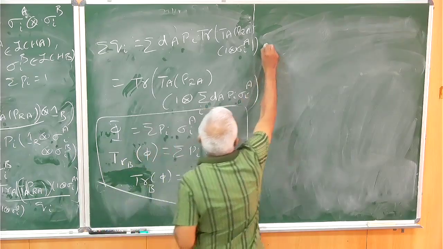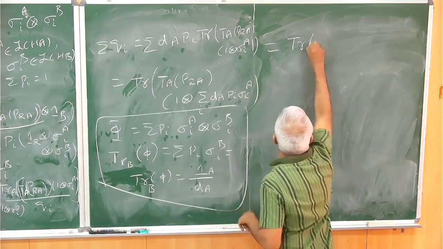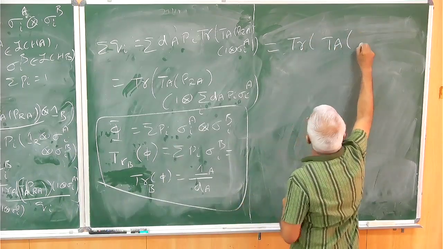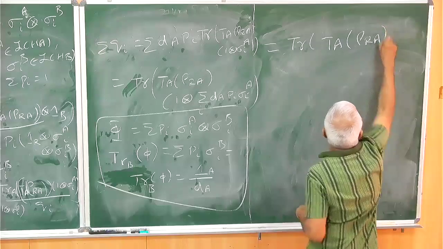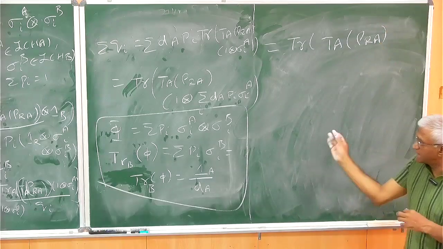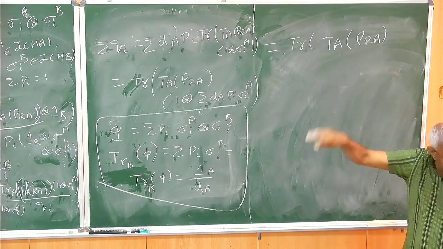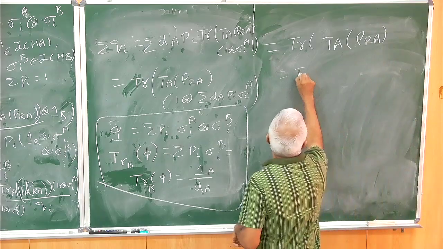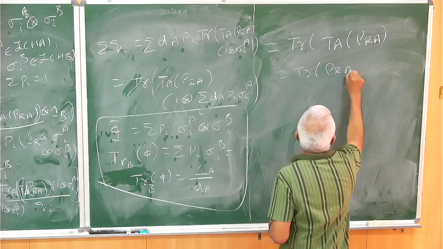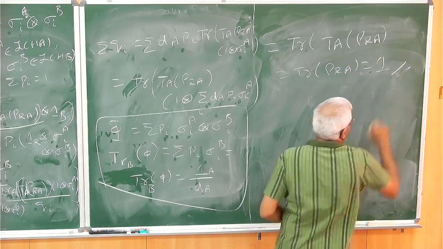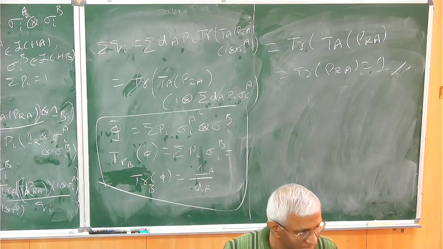So this whole thing is equal to trace of TA of rho RA. That's all. Identity tensor identity there. Of course, the trace of the transpose is the same as this, which is equal to trace of rho RA, which is equal to 1. That's what we wanted to prove.